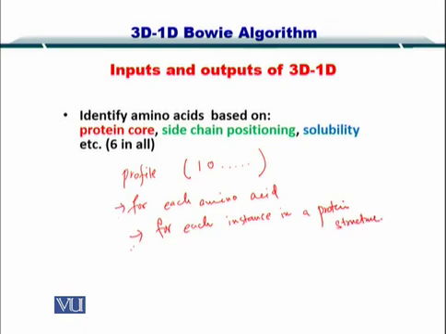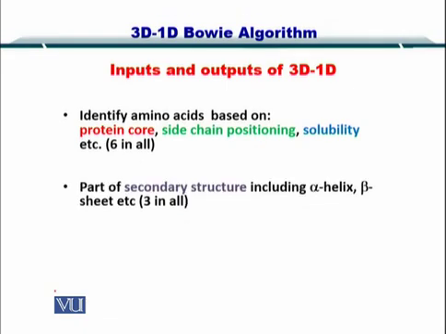Now, if you are able to do that, then you will have multiple profiles for each amino acid. Next, you also count which amino acid occurs in which secondary structure. For instance, in case of alpha helix and our example alanine A, most probably it will be in the alpha helices, but sometimes it may so happen that it will also be in a beta sheet.